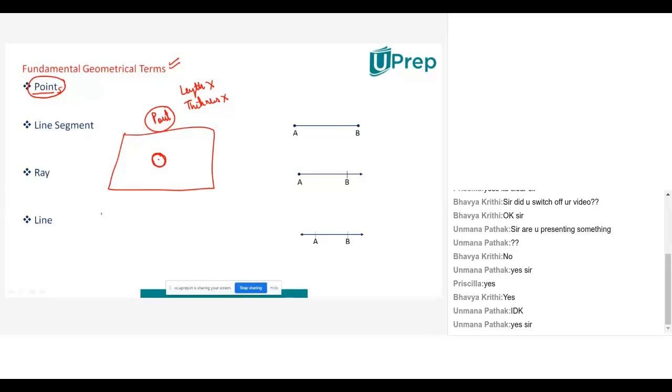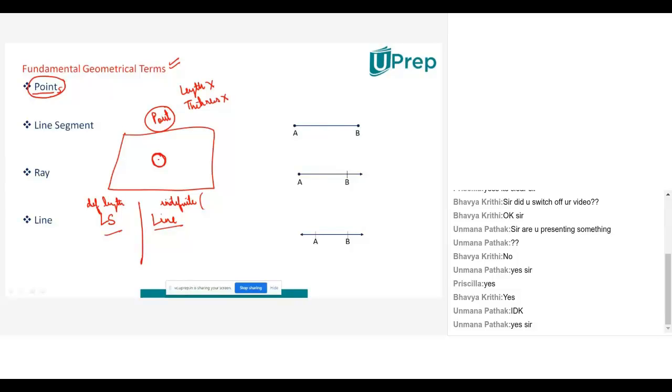Now, guys, can you tell me what is the difference between a line segment and a line? A line segment has a definite length, but a line on both sides is infinite. Indefinite. Okay, brilliant. Anything else?